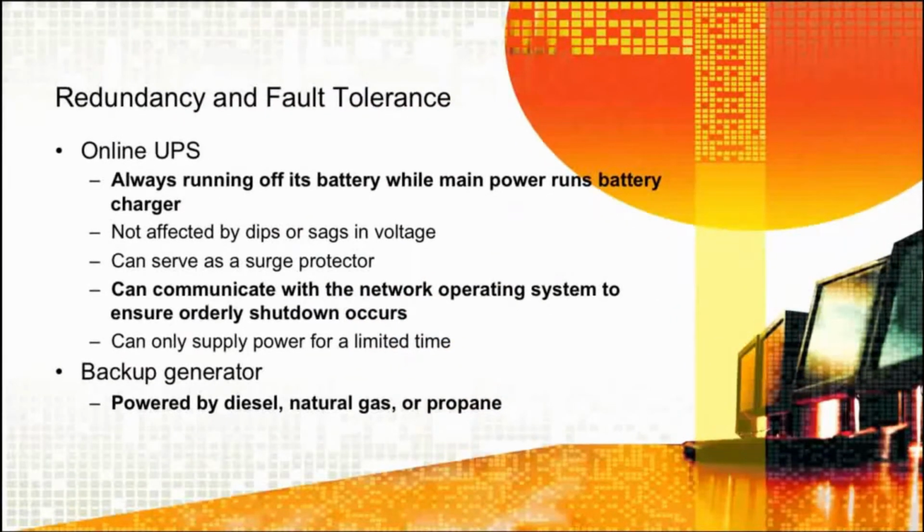They're always running off the battery while main power runs the battery charger. It's not affected by dips or sags in the voltage and can serve as a surge protector. They can also communicate with the network operating system to ensure an orderly shutdown occurs. Or you can opt for a backup generator, usually powered by diesel, natural gas, or propane.